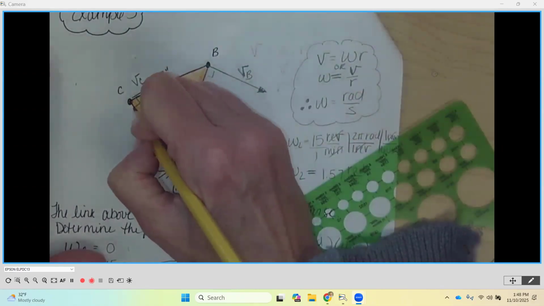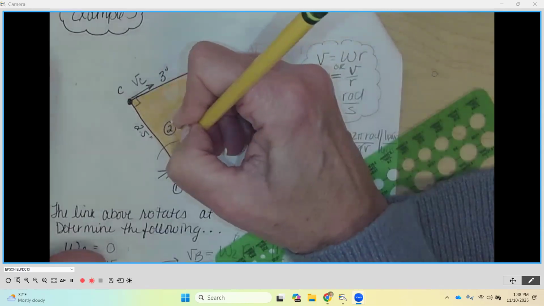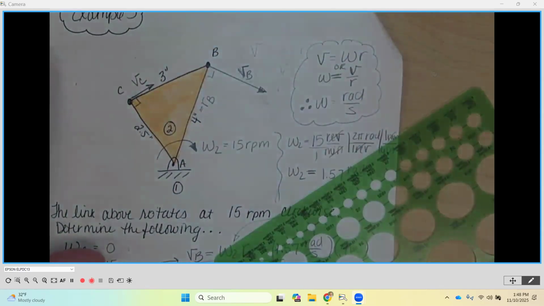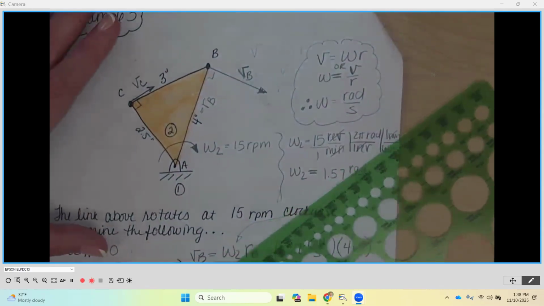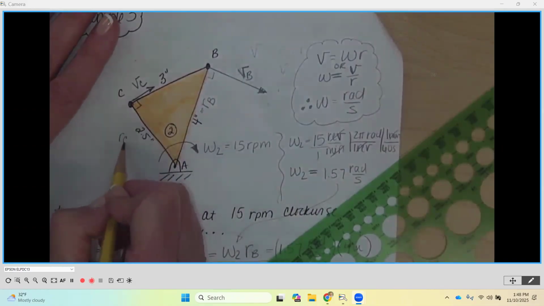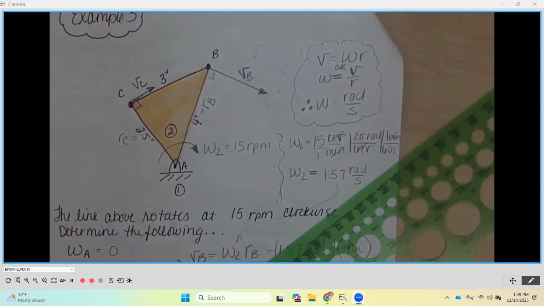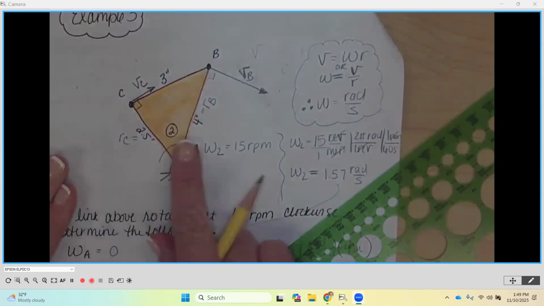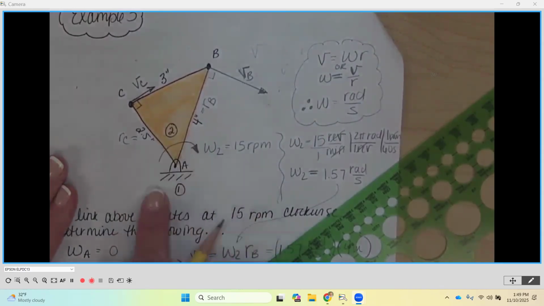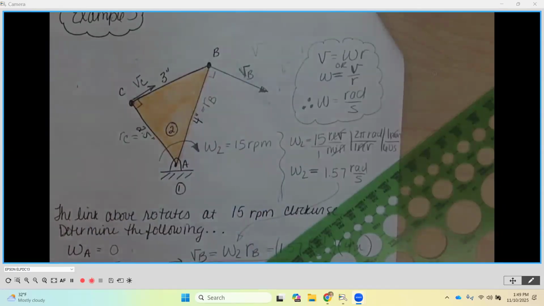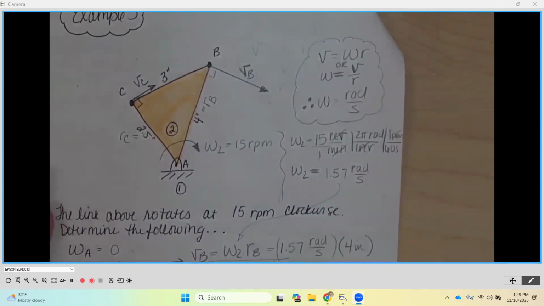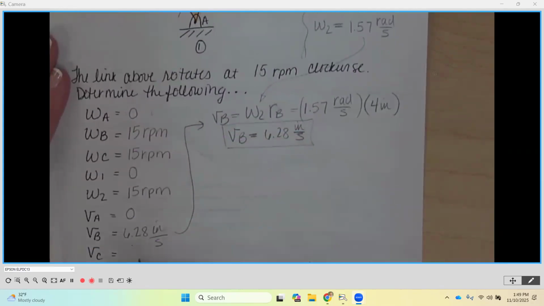My vector is going to be perpendicular to the radius back to the center of rotation, which is 2.5, which will be my radius at C, and it's going to be pointing in the direction of rotation. So if we're going clockwise here, our velocity of C is going to go up and to the right at this point in time.